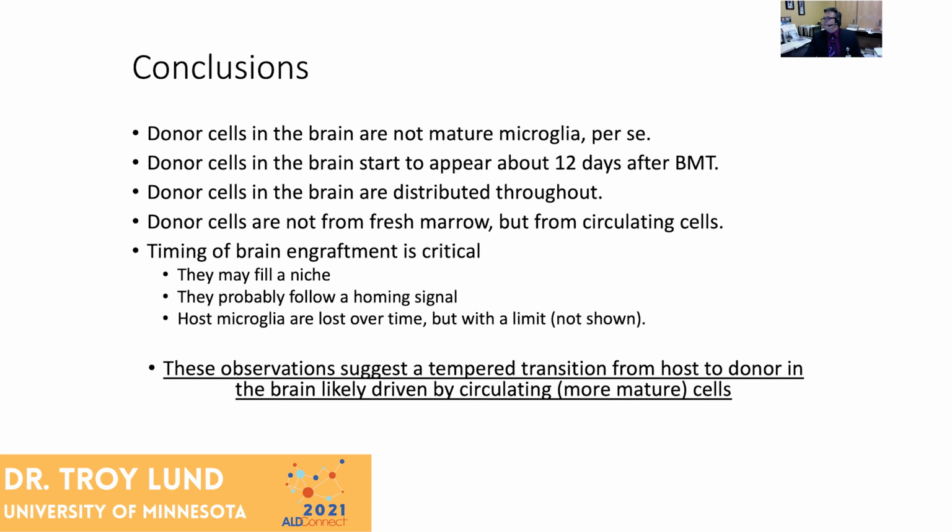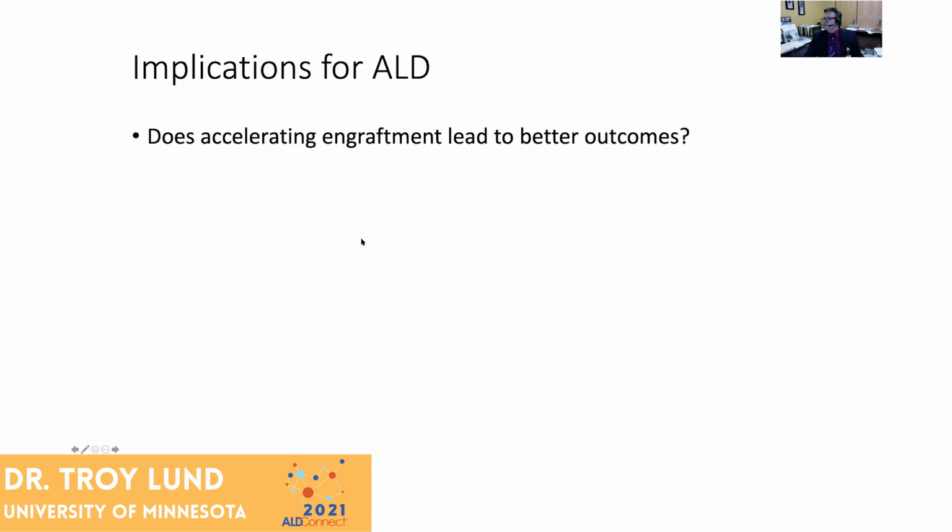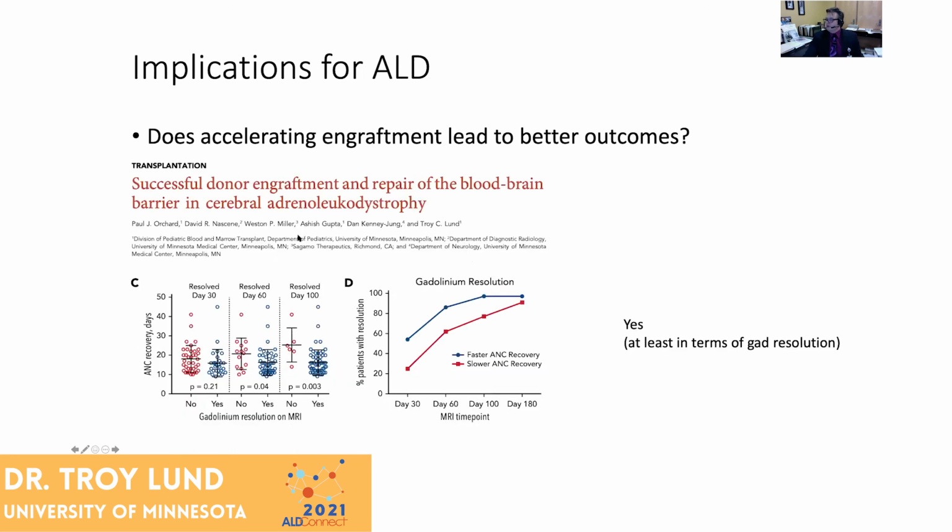And does all of this matter? If we can learn the system, can we accelerate it? Does that lead to better outcomes? Well, in fact, we already published a paper that when we looked at human patients that engrafted, those patients that engrafted the fastest actually had their gadolinium go away faster.